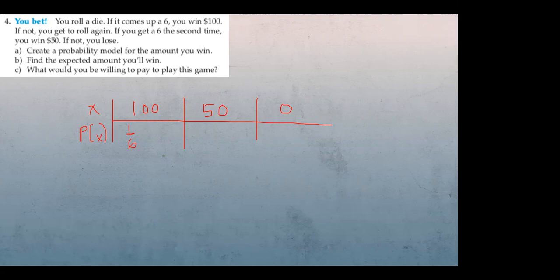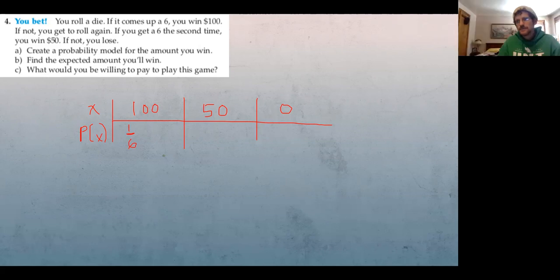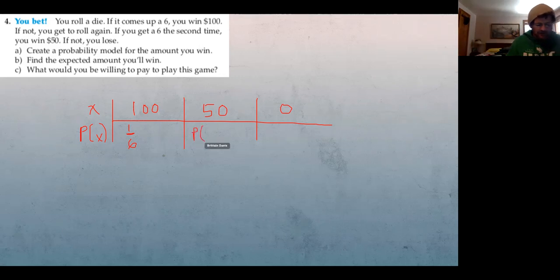One in 12. No? Let me put it in notation first. It's the probability of what happens first and then what happens second.